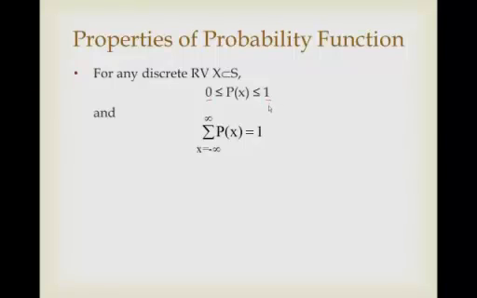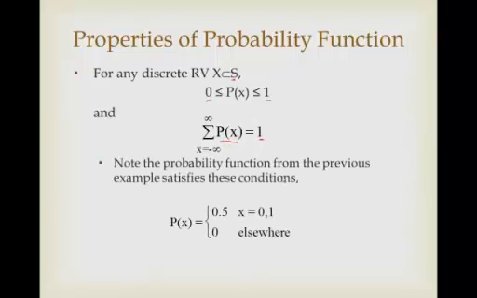There's not a 110% chance it's going to rain tomorrow. But we know that the probability for any discrete random variable, such that that random variable is a subset of the sample set, is going to range between 0 and 1. And the summation of all those probabilities has to total 1, or 100%.